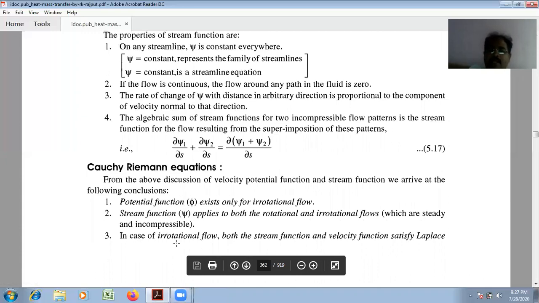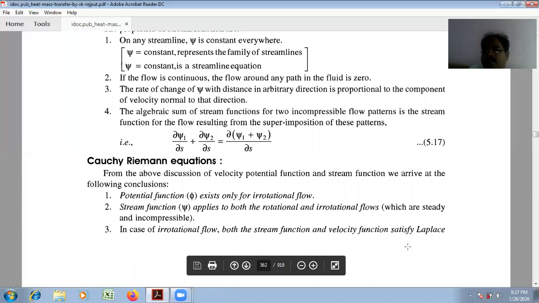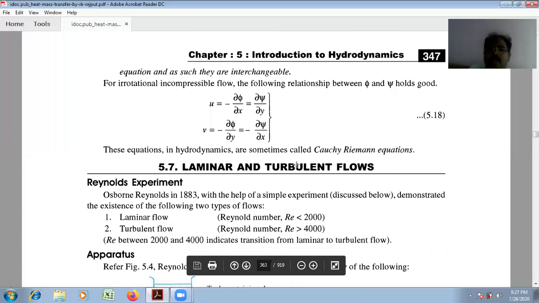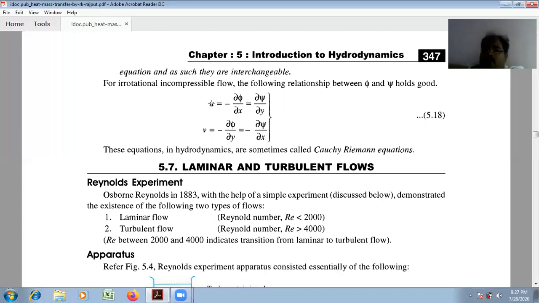And third, in the case of irrotational flow, both the stream function and velocity potential function satisfy the Laplace equation, and as such they are interchangeable.